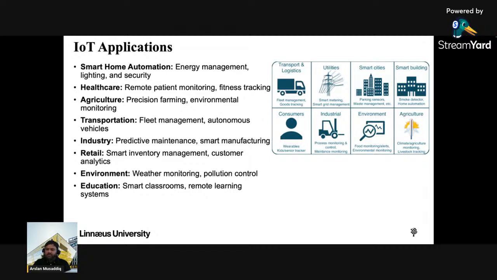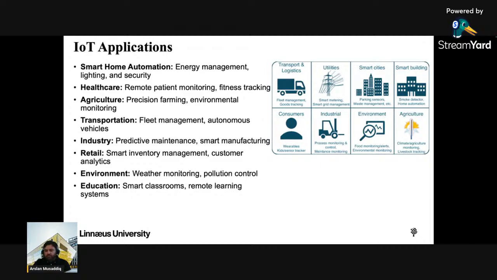We have applications in the transportation industry also, for example, fleet management or real-time data management and so on, routing, monitoring vehicle health, or overall improving the logistics. In many other industries, we have a number of sensors to predict machine failures or monitor the machine or overall operation and so on. In retail, we have smart inventory management or customer analytics.